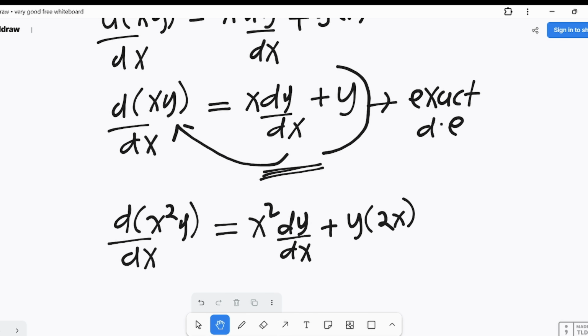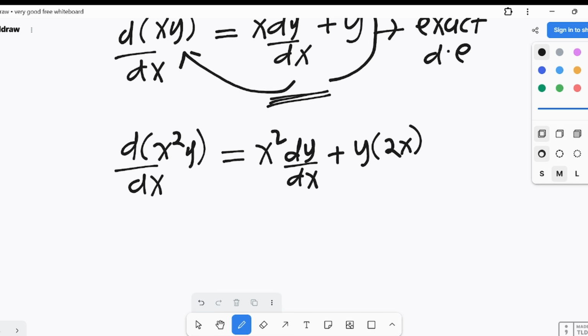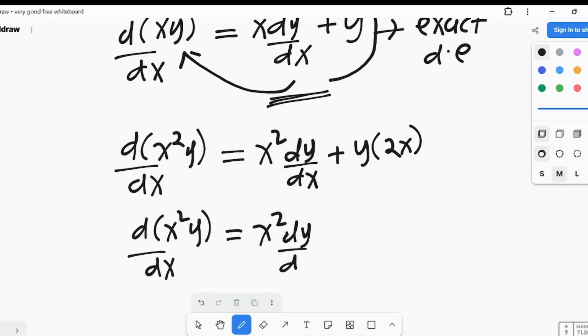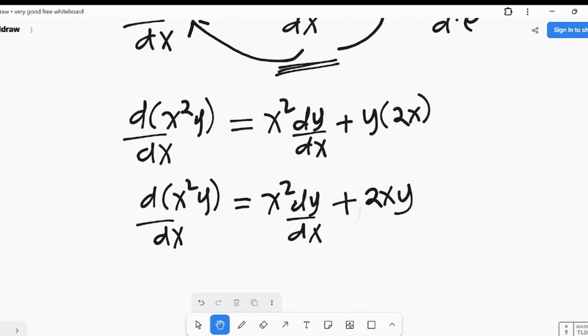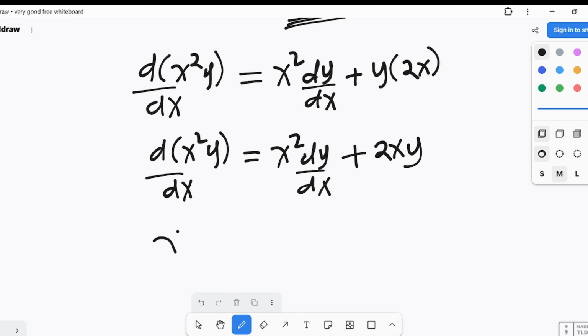So the derivative of x square y is x square dy by dx plus 2xy.